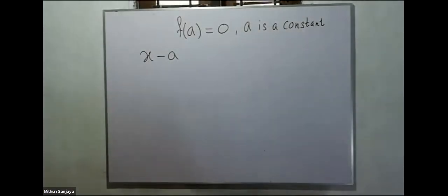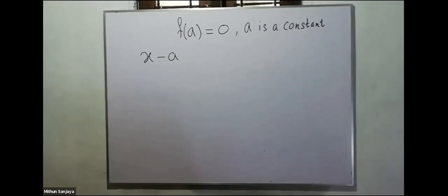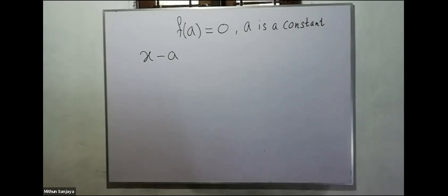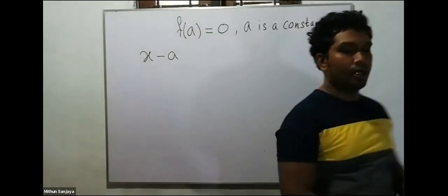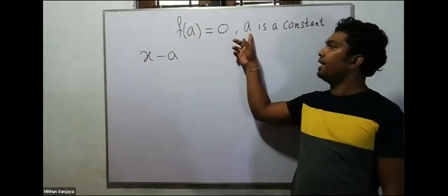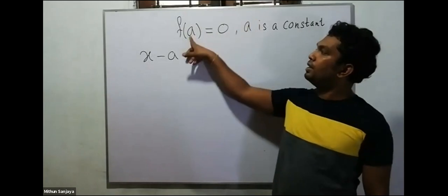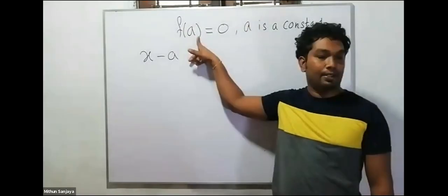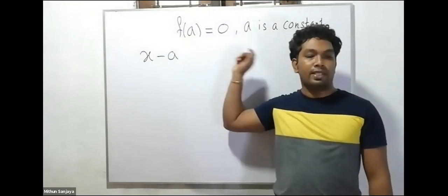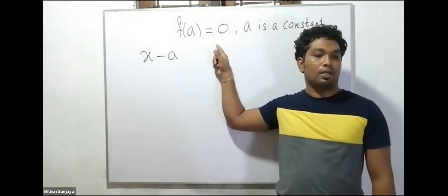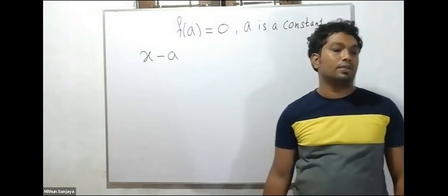What's happening here? We have a function f(x). Then we can identify a constant a, and substitute that a into the function, f(a). So what is f(a)?